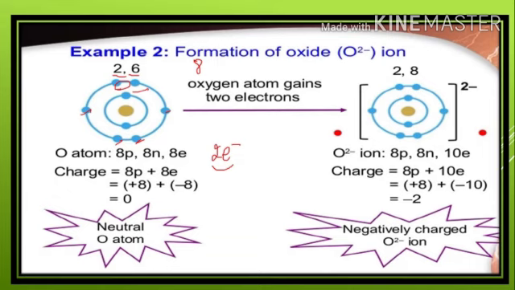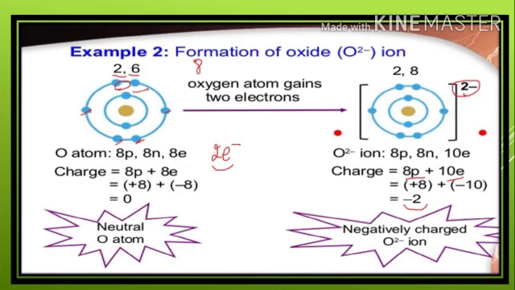So, by taking 2 electrons from some other atom, the oxygen atom forms an oxide ion having 2 units of negative charge. In case of the oxide ion, 2 more electrons are present than the number of protons, due to which it has 2 units of negative charge.